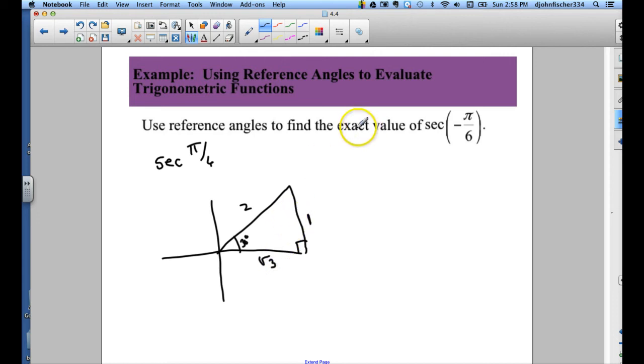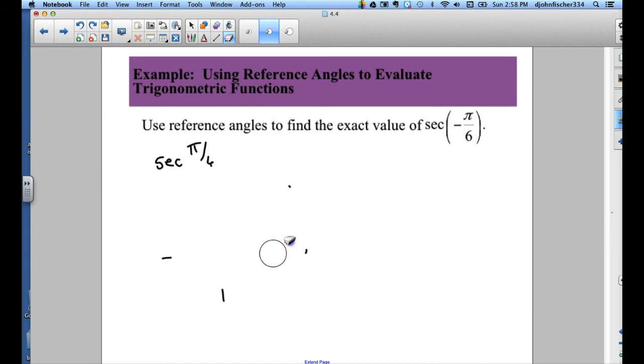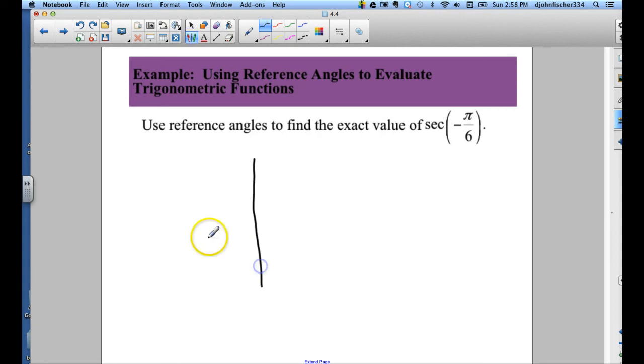But now what we have here is, oh, actually I'm going to go back. Let's delete this. I'm going to start this one over because I did it backwards. We know it's the same as that value, but where our angle is negative pi over 6 is down here. So this is a negative pi over 6, but it's a reference angle of pi over 6.